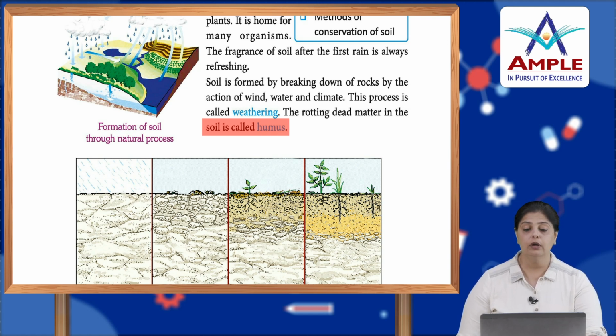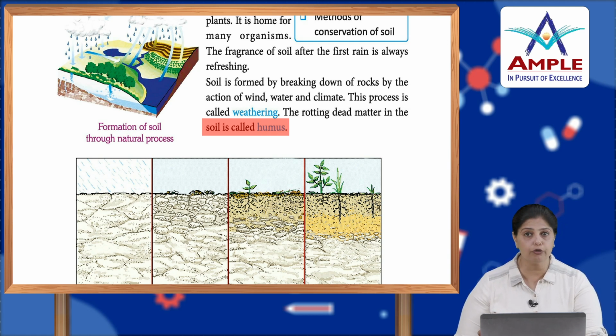Now, wind and water. Look at the first picture, the diagram here, to see how soil is formed. Wind and water break down big rocks. After that, small rocks are formed.